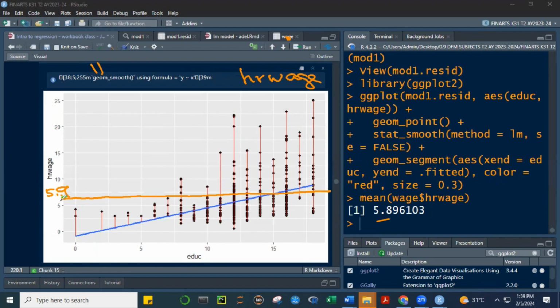Okay? So why is that so? Because now we're not using any predictor. We're not using education or any other predictors. We just use hourly wage, its average. That's it. That's already our prediction.